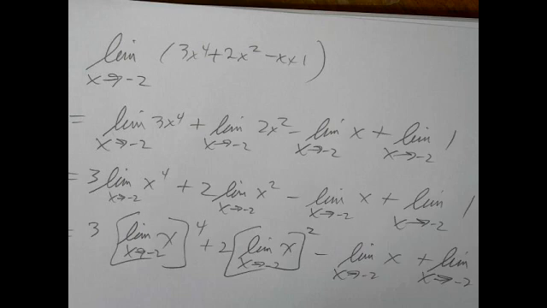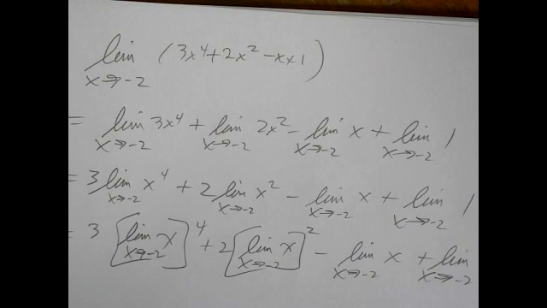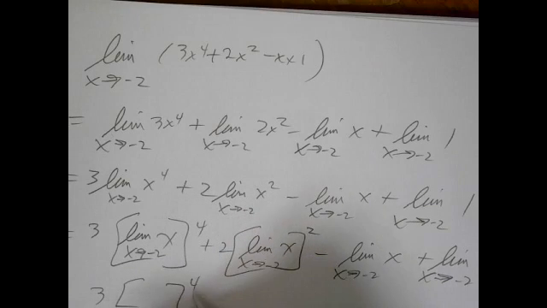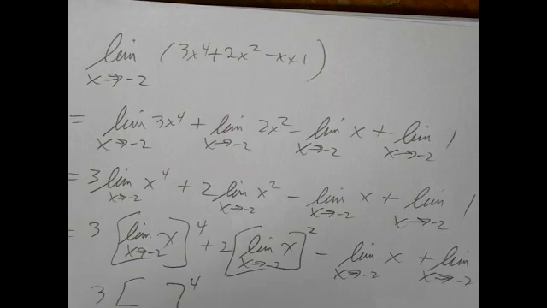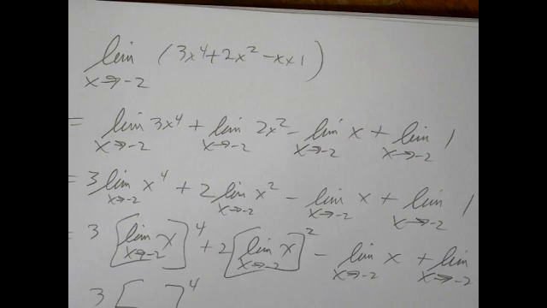So what allowed me to take those powers and move them outside the limit notation? Well, that's rule number 6. All right? So now I can say that this is 3 times, and the limit of x as x approaches -2. Okay? Well, that's rule number 8. Right? That's rule number 8.